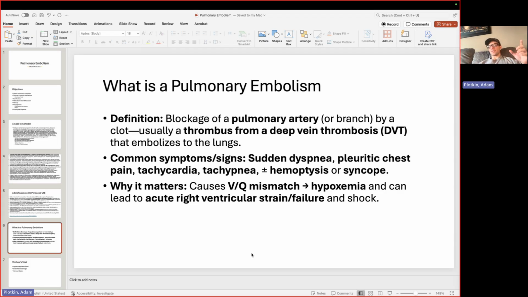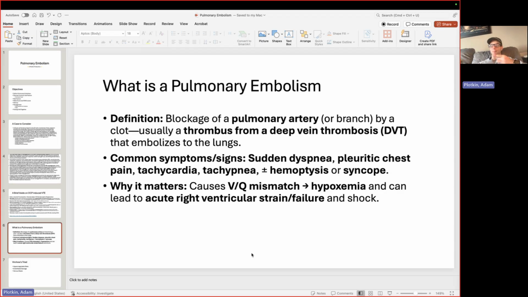And again, if the clot is bad enough, we can cause right ventricular strain. The right ventricle is a pretty weak muscle. It can't pump as hard against increased afterload. The pulmonary vascular resistance is sky high in a patient with a massive PE. So the right ventricle has to pump, pump, pump even harder, and eventually it gives out.